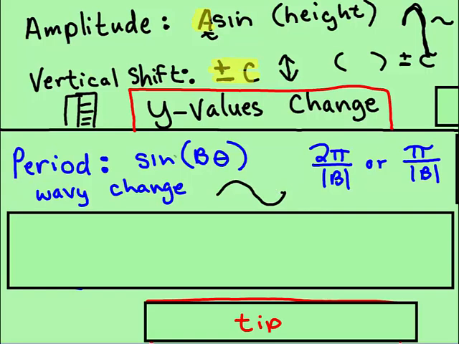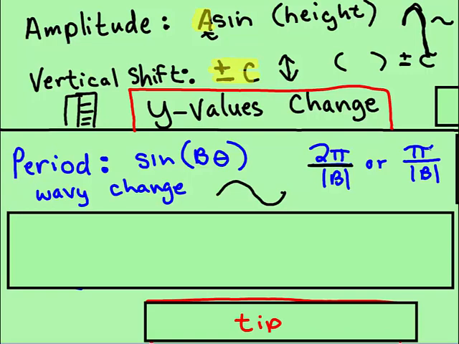And this b value is how you decide what's happening. The normal period for sine, cosine, secant, and cosecant is 2 pi, and you divide it by the absolute value of b, and that gives you the waviness of the new graph.